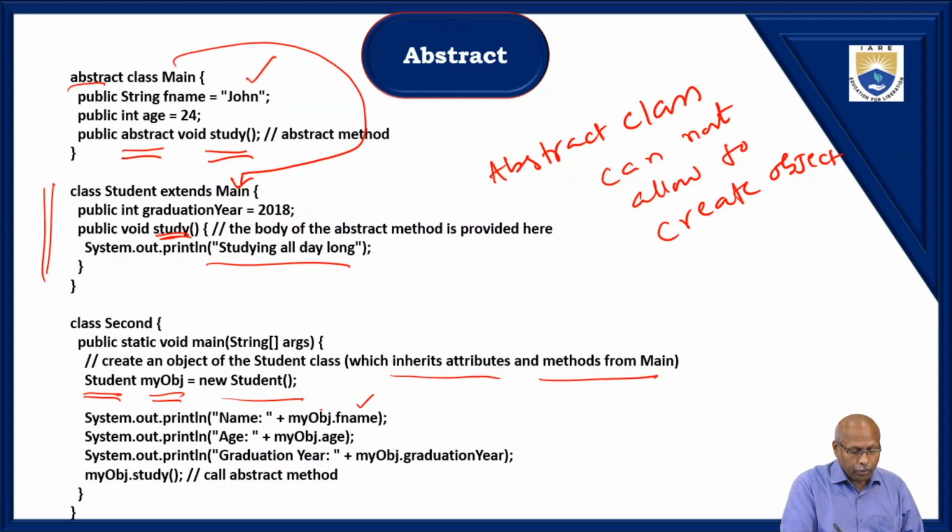Similarly, obj dot age. My age, how much? 24. Because now the main is my parent. The parent's properties are automatically available to the child because they are public attributes. I told you if the variable is of public type, then it is accessible to the parent as well as the child, also available in the subclass. So I can get the age, and here I will get the name Johan.